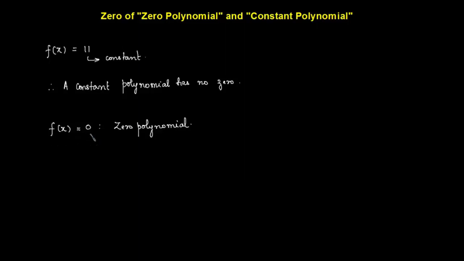So, f of x is equal to 0 implies for whatever values of x you take, the value of f of x is always going to be equal to 0. Therefore, the 0 polynomial has all real numbers as its 0. So, all real numbers are zeros of a 0 polynomial.